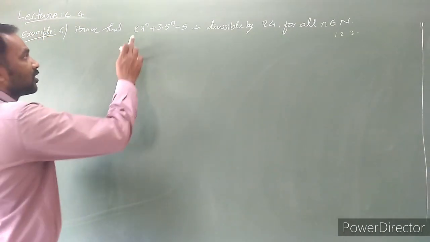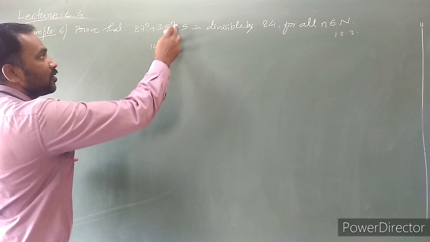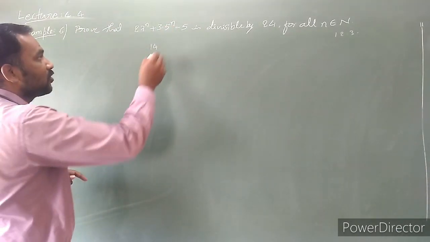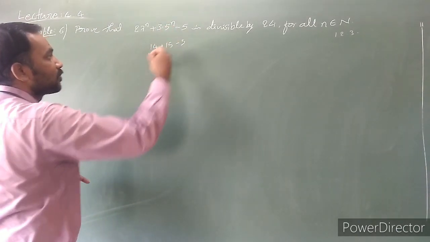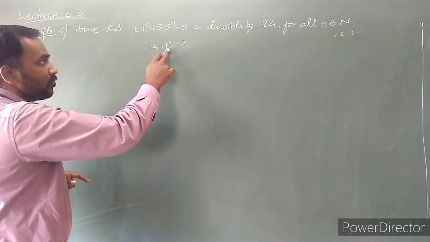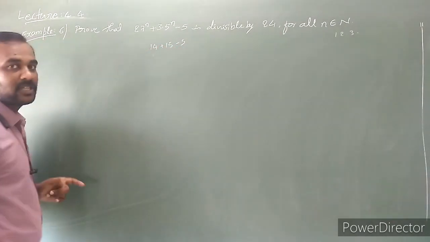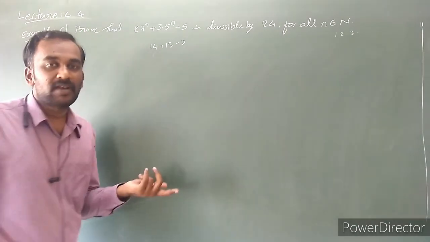7 power 1 is 7, 2 into 7 is 14. 5 power 1 is 5, 3 into 5 is 15, minus 5, so 15 minus 5 is 10. 10 plus 14 is 24, and 24 is divisible by 24.